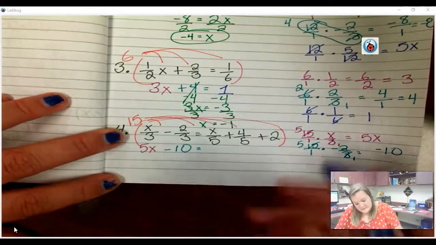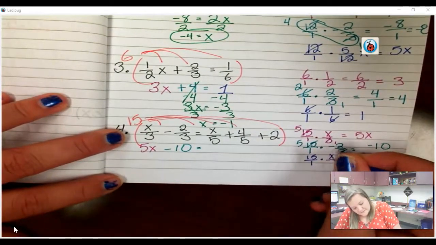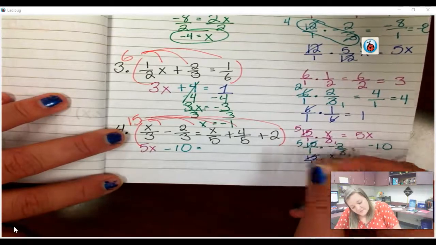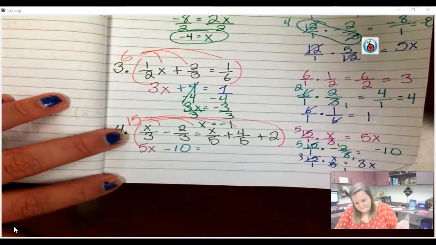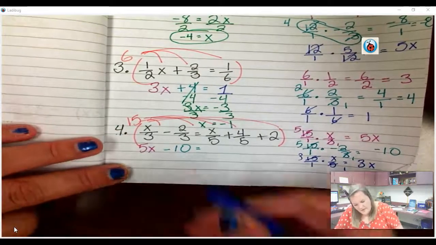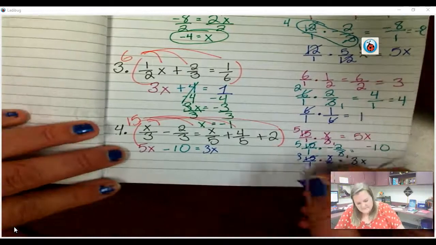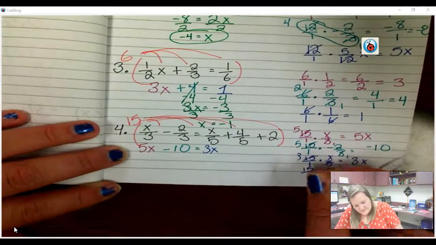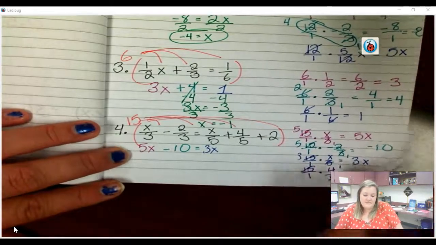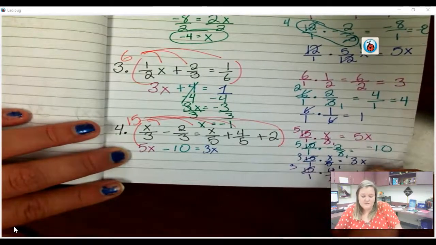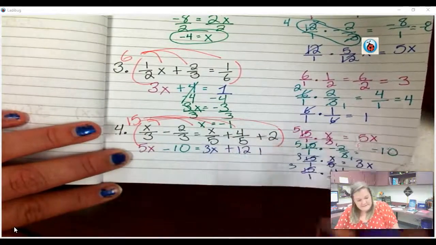Equals, next one, 15 over 1 times x over 5, 3x. Next one, 15 over 1 times 4 over 5, 3 and 1, 12. And then 15 times 2 is 30.